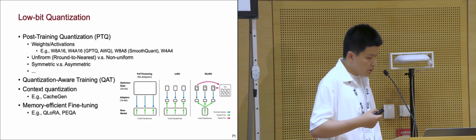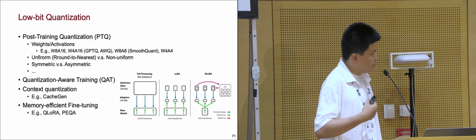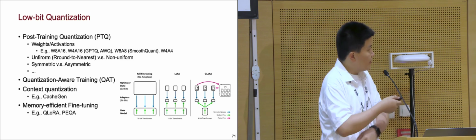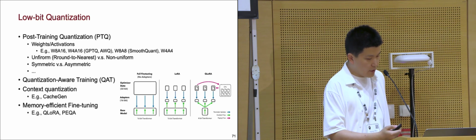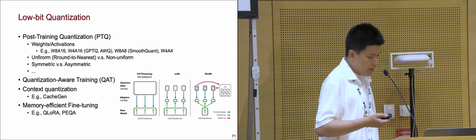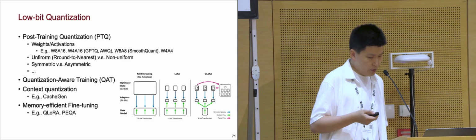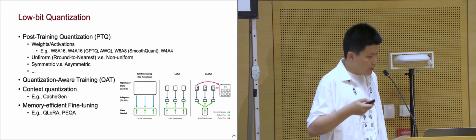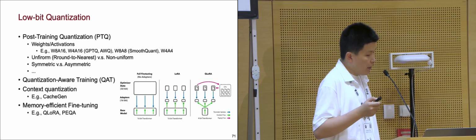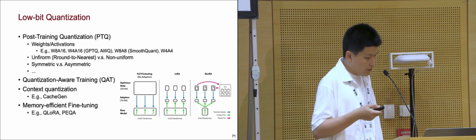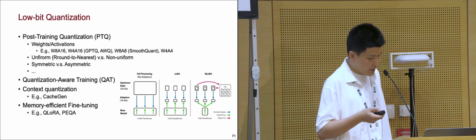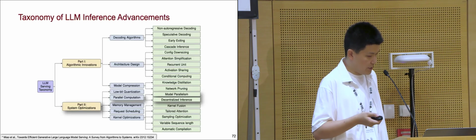The evolution of hardware is very important. For example, NVIDIA's recent architectures Turing and Ampere introduced int8 and int4 tensor cores. The Hopper architecture disabled int4, but introduced FP8 tensor cores for better numeric precision.